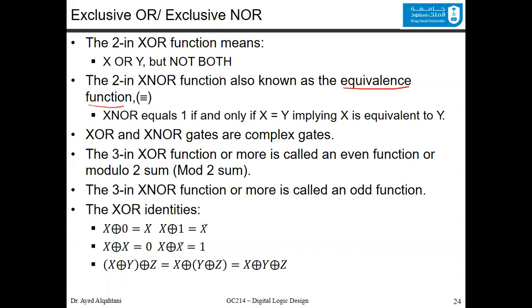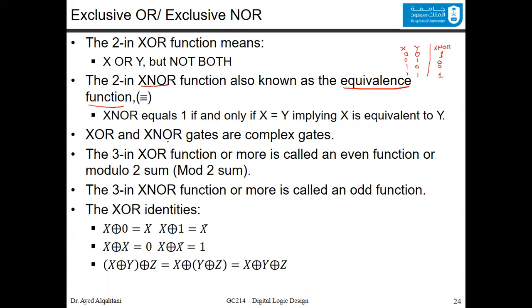If you remember, the truth table of the XNOR is going to be, if you have X and Y, 0, 1, 0, 1, 0, 0, 1, 1, the XNOR, if they are equivalent, they will be 1. If they are different, then it will be 0. This is why we call the XNOR the equivalence function. The XNOR equals 1 if and only if X is equal to Y, implying X is equivalent to Y. Other than that, it's going to be 0.